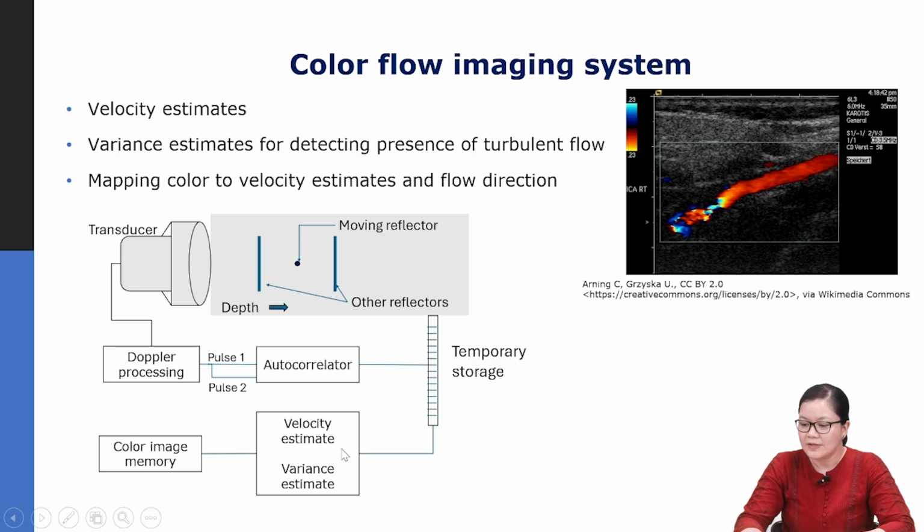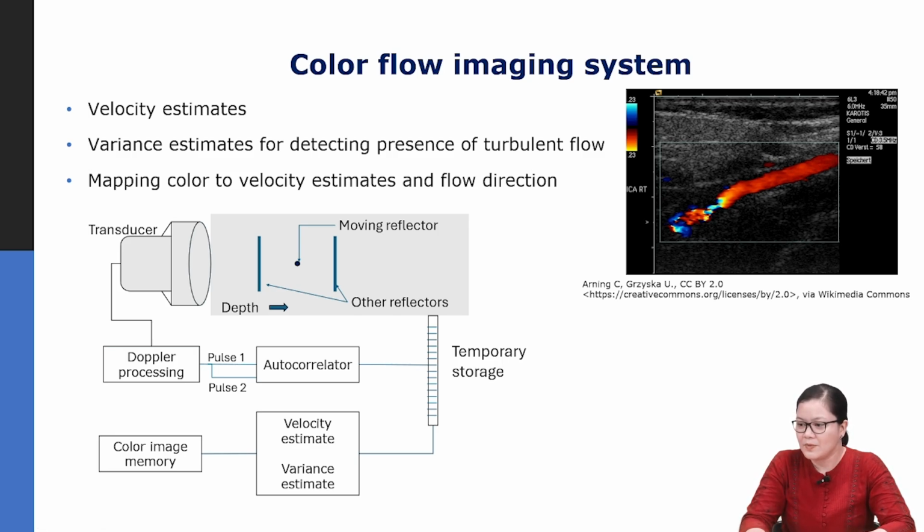So the velocity, of course, is important, but the variance estimate is equally important because that will also give you an indication of how much variation there is within a region of interest. If you look at this image on the right, we have a blood vessel, but afterwards it reaches a location in the tissue where you can find multiple colors, large variations in the velocity estimate.